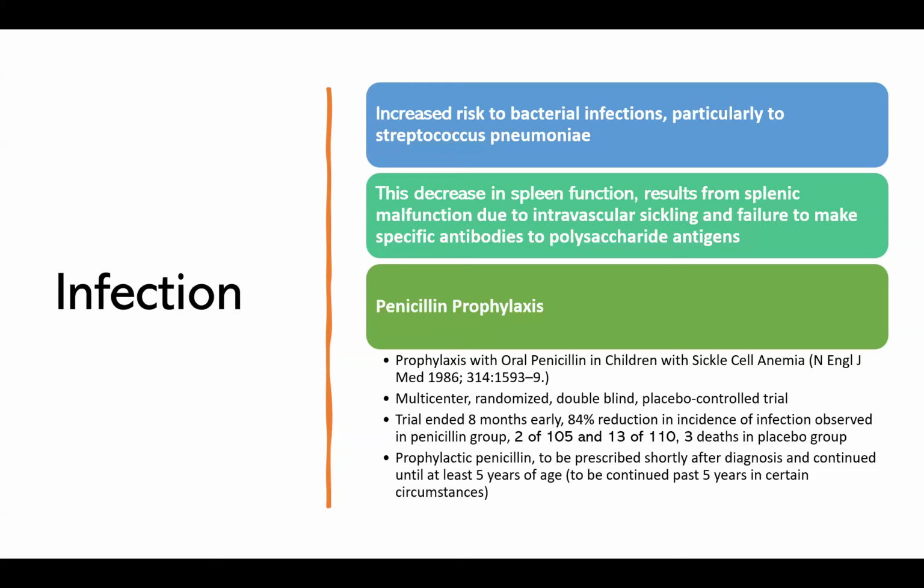The penicillin group had 105 participants and they only saw 2 infections, compared to the placebo group that had 110 participants, where they saw 13 infections and 3 deaths. Since this study, all sickle cell patients are put on penicillin prophylactically shortly after diagnosis and kept on the antibiotic until at least 5 years of age.